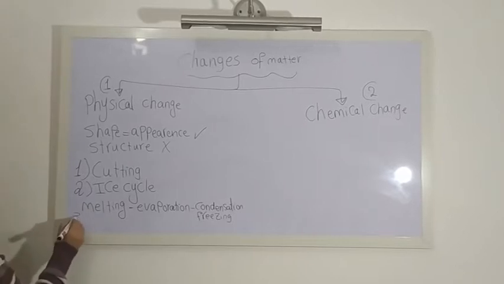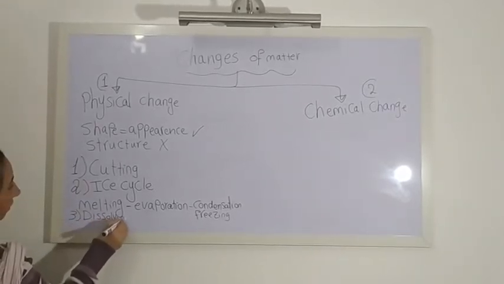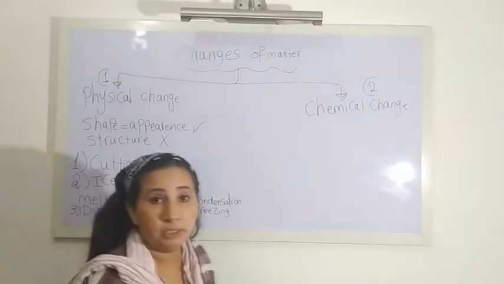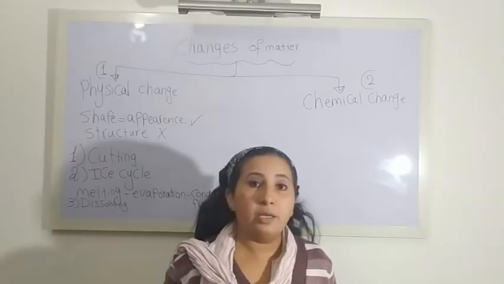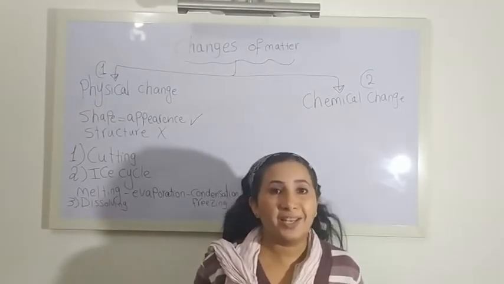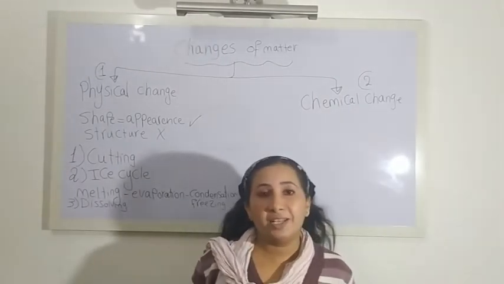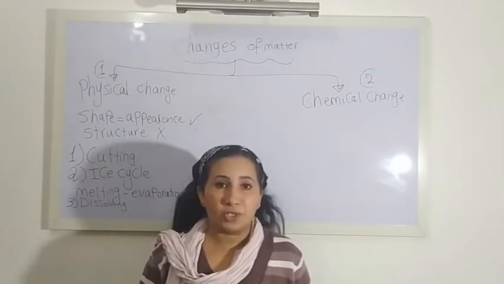Number 3, dissolving. Dissolving is about dissolving table salt in water, or dissolving sugar in water or in any liquid. Then we will obtain a salty solution or a sugary solution.